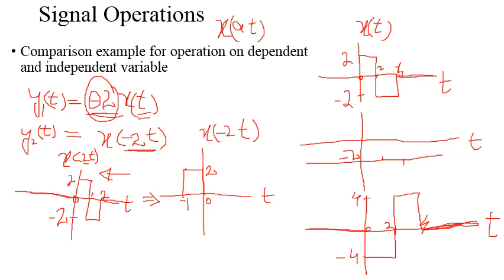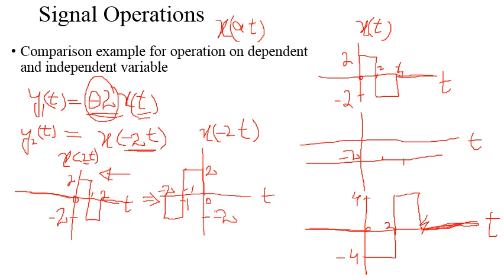So I hope you understand. So this is your minus 1 and this will be your minus 2, and the amplitude will stay the same, and this is minus 2 here.